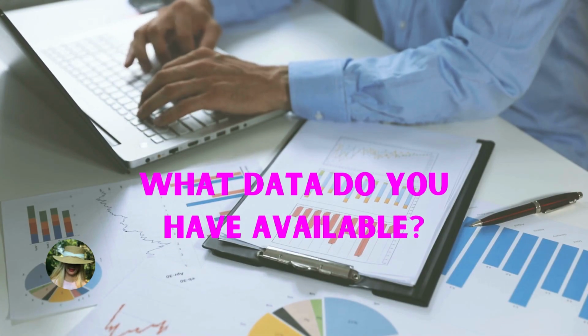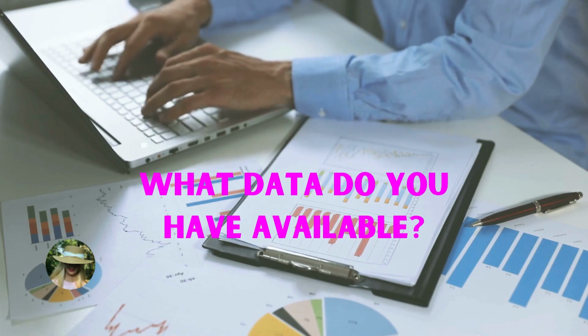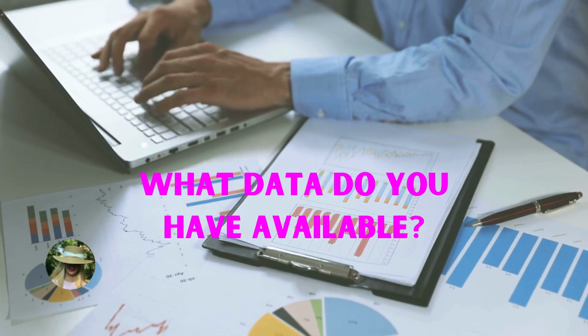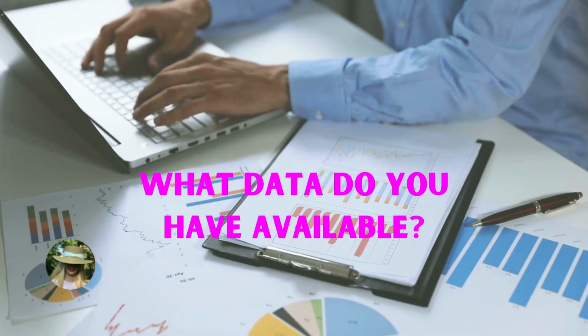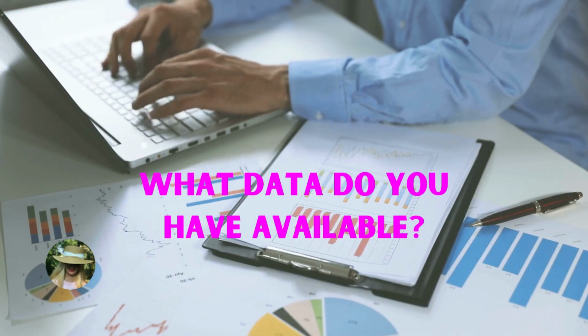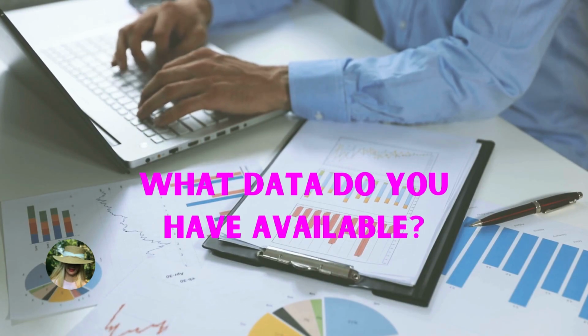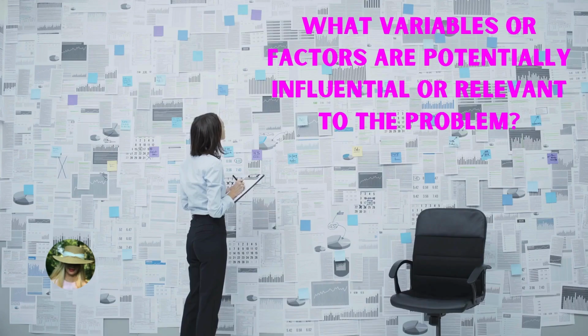For example, data sources for the sales of a retailer could be sales data covering transactional data, including product details, price and dates, customer data, demographics, purchase history, loyalty program traction. We need inventory data, stock level, product category, supplier information, and so on.